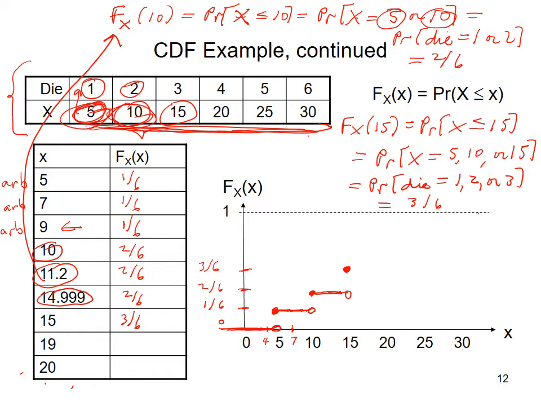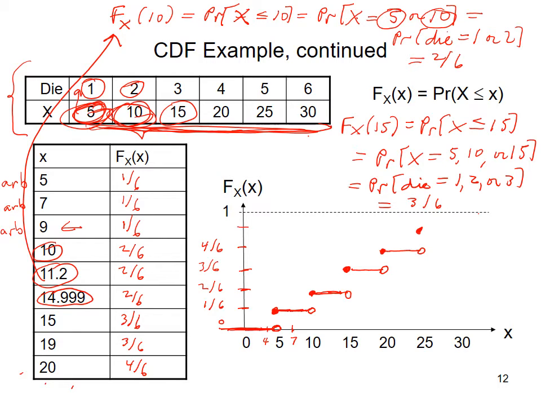Just as here it jumped up by 1/6, then it's going to stay the same until I hit 20, and now it's going to jump up to 4/6. So at 19 it still would have been 3/6, but at 20 it would be 4/6. And then it's going to stay 4/6 until I hit 25, then it's going to jump up to 5/6.